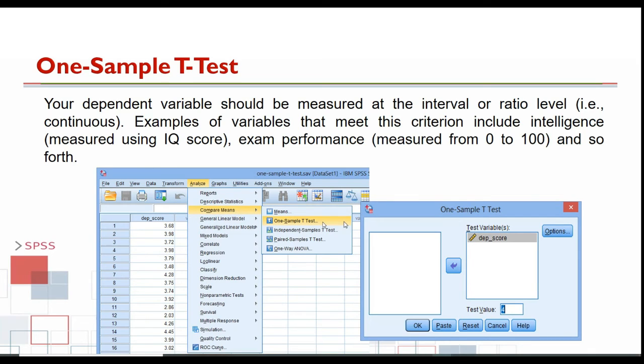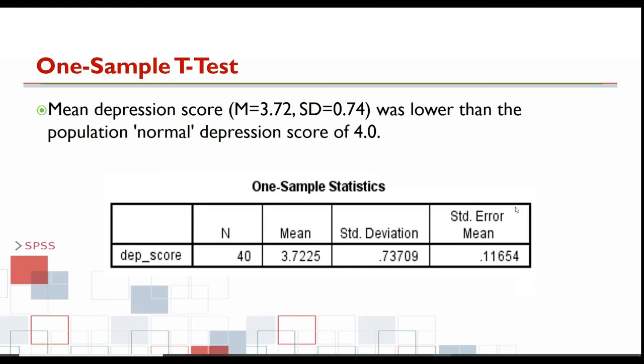Select one sample t-test. You can transfer your dependent variable, your DV, into this test variable dialog box, and then you need to define your population mean, in this case is 4, and then just click OK. This is how you can interpret the output.